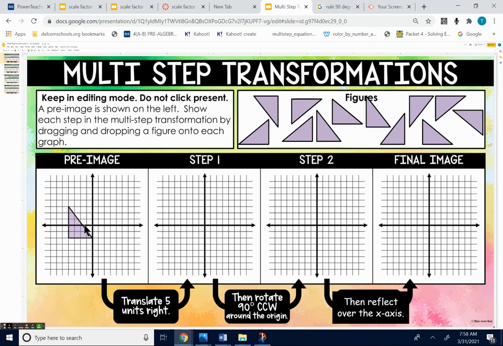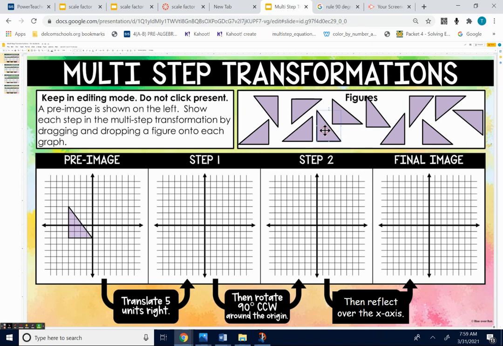We're starting with this triangle. We want to first translate it 5 to the right. The way I'm going to do it, I'm going to slide 5 to the right. I'm just going to look at this point here on the corner and slide it 5 to the right. 4, 5. So this corner point ends up right there, and the whole thing slides over along with that point.